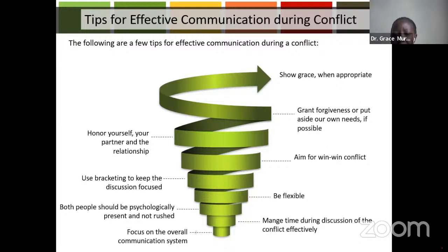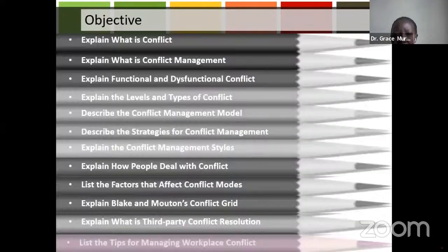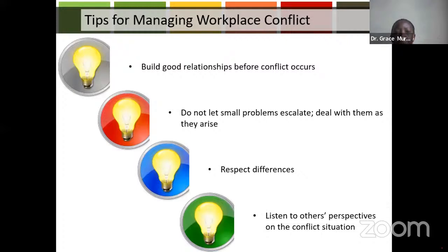Remember avoidance: in some circumstances, putting your head under the shell is okay to avoid embarrassment and protect your reputation. So sometimes it's important to know who you're dealing with. Cover yourself, let people cool down, then you can come later and resolve the issue. After the conflict, you will still exist, so you need to maintain your reputation. Okay, so those are the tips for managing workplace conflicts.